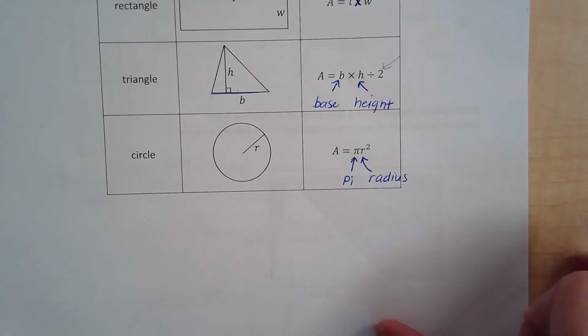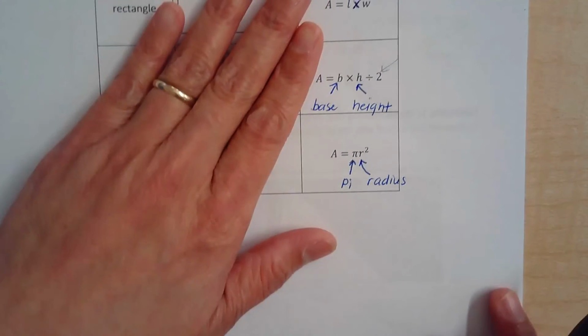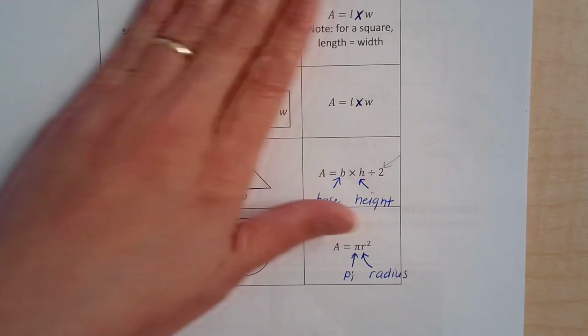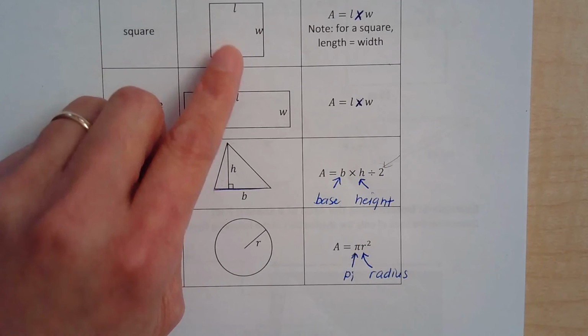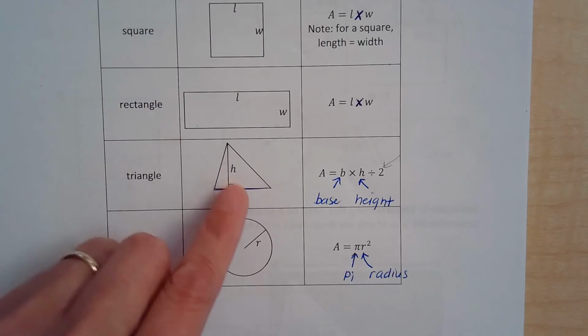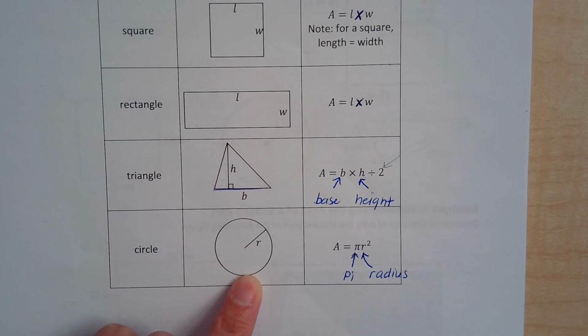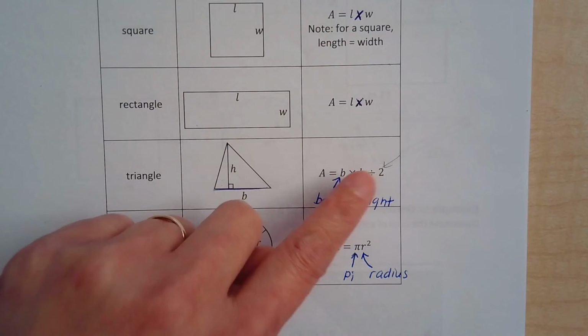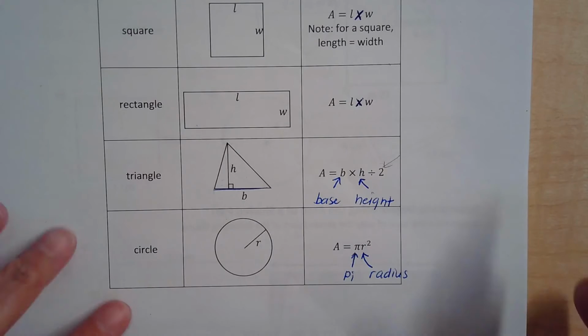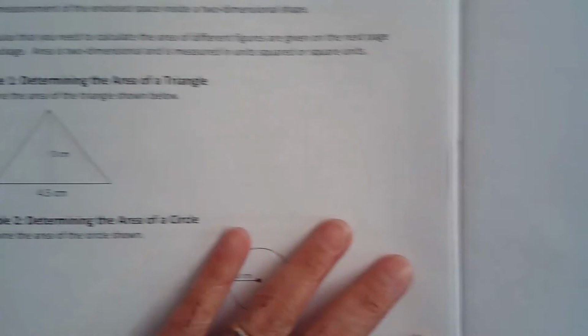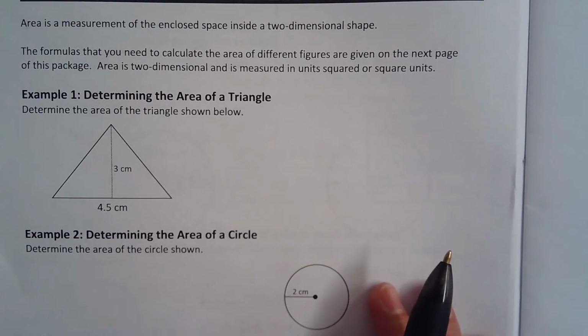Okay? So here's the formula. We pick, okay, which figure do I have? Once we figure out the figure, the shape, then we get to do the area. So let's take a look at this one. Starting off with the area of a triangle.